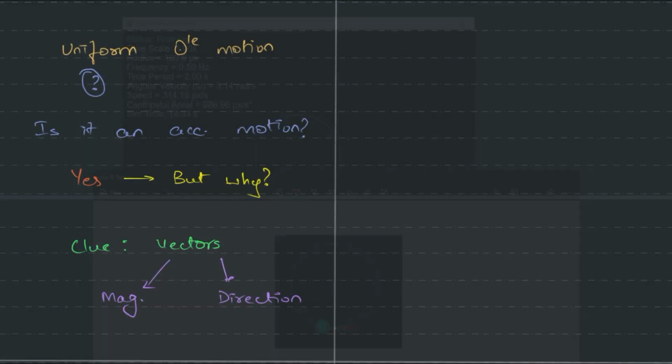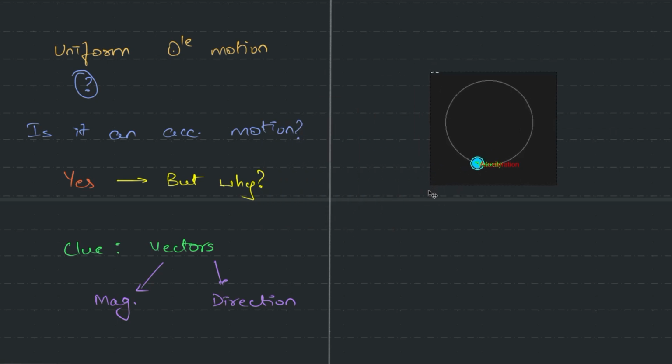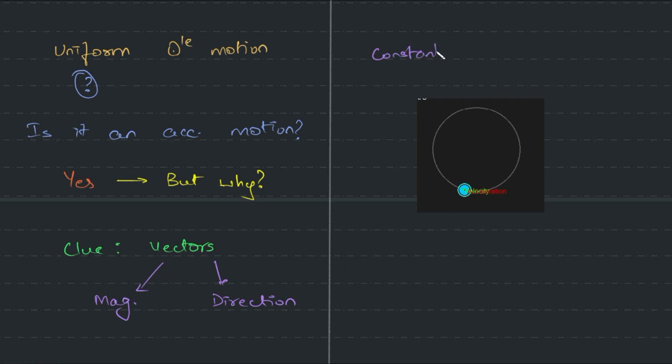Because when an object is moving, even though it's moving with constant speed, so here we're moving with constant speed. That's why we have the word uniform. But what is changing? Direction is changing. So this is constant while this is changing.